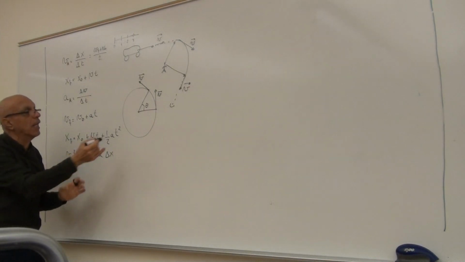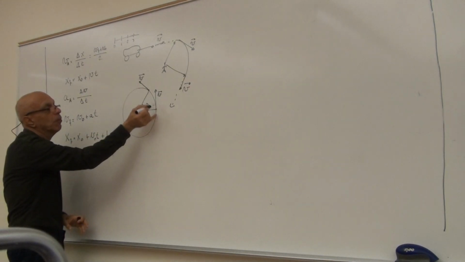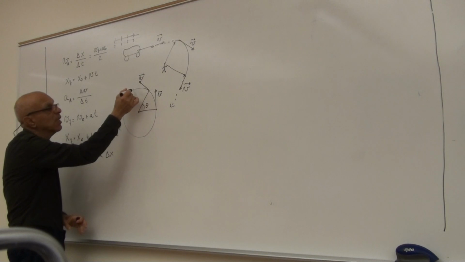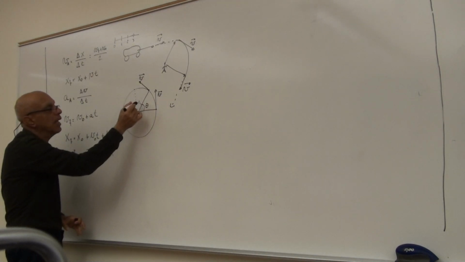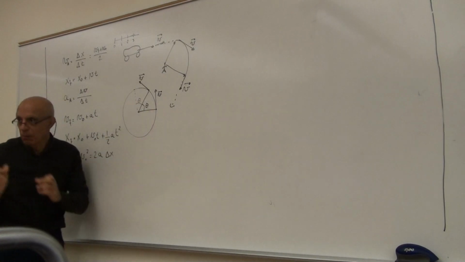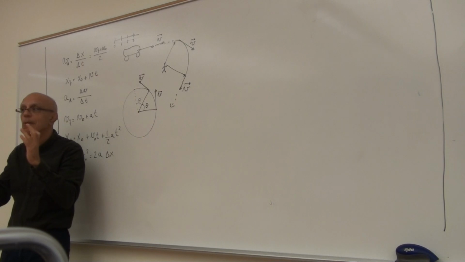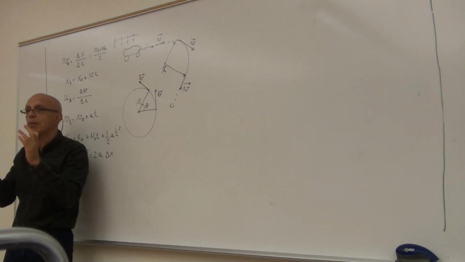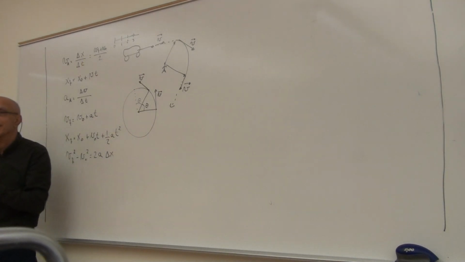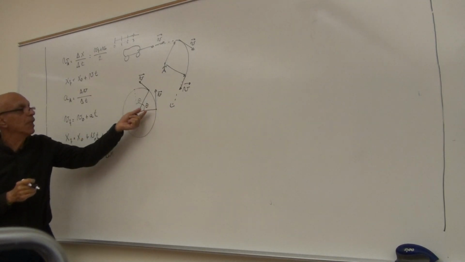You have to imagine that this is 1 second from here to here. The 2 seconds is going to be another position here, and this angle is going to be what? The same or different? The first second, you move this angle theta.